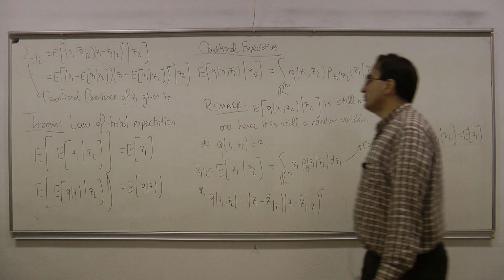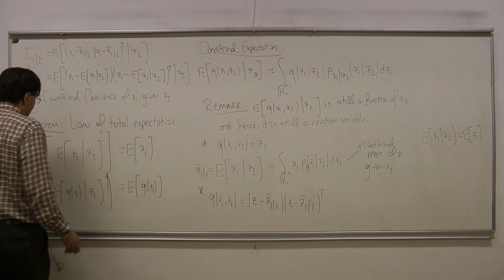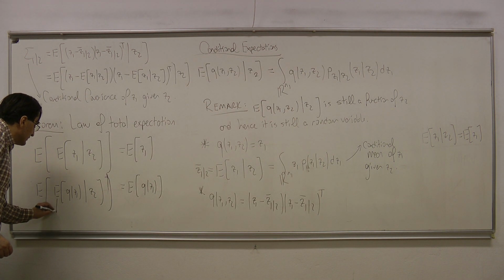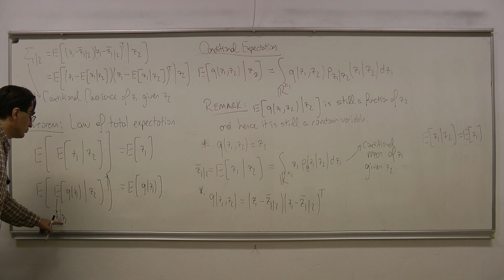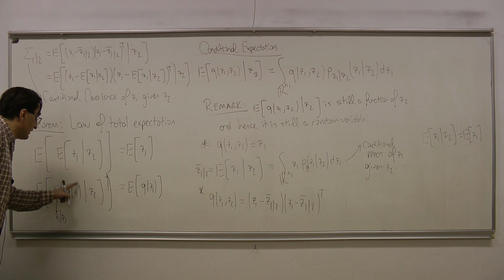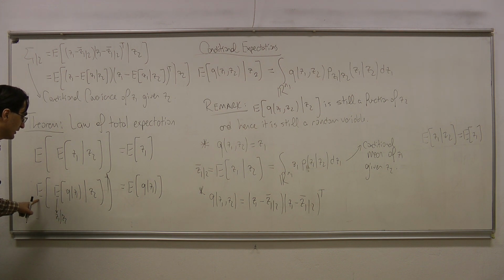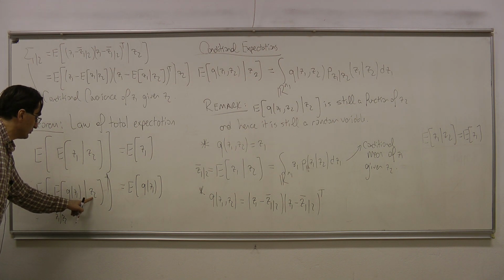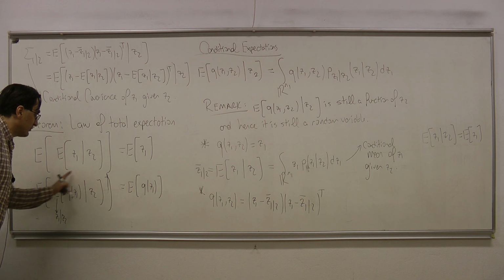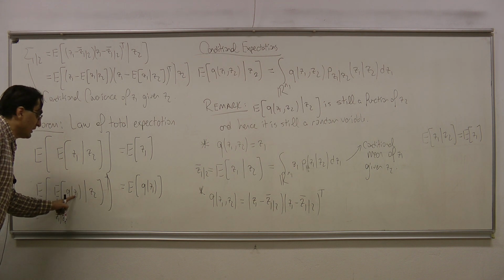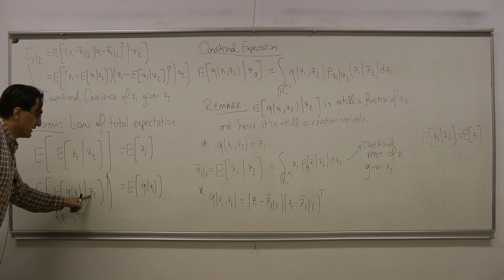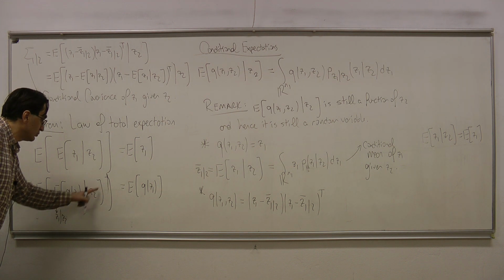Now I will look at these expectations here. The inner expectation is an expectation with respect to Z1 given Z2. So Z2 is specified here, and I'm taking expectation with respect to Z1. What about this second expectation? I know that this conditional expectation is still a function of Z2. So when I take the inner expectation, all randomness related to Z1 disappears, but the randomness related to Z2 would remain.